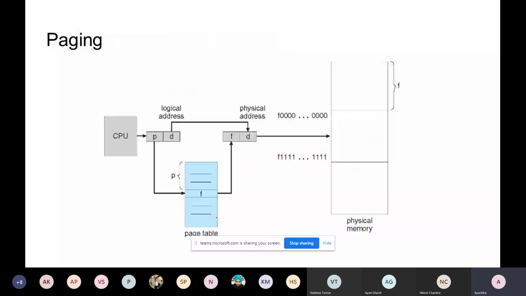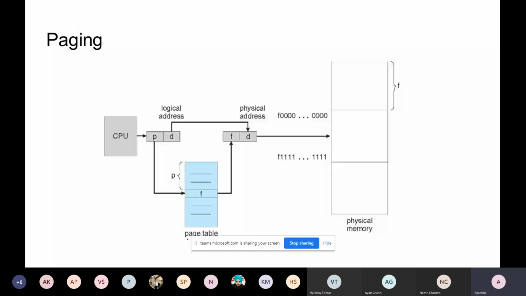The page table is a mapping where you keep track of, when your CPU generates a logical address with a page request, that means the CPU is trying to execute code for which it needs some data or instruction fetched from a particular memory block, with the ID, maybe page number P1.